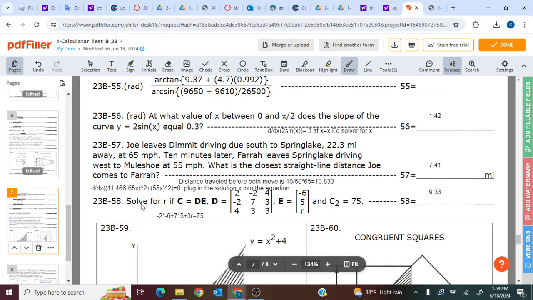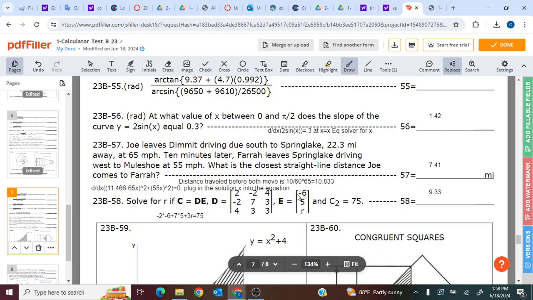Okay, solve 53. Solve for r if C is equal to D, and C, you get all these values. E is here, E is equal to this. Here's the r we're looking for, and C2 is equal to 75. Well, how matrices work is all the values up top are rotated 90 degrees and multiplied by their corresponding value over here.